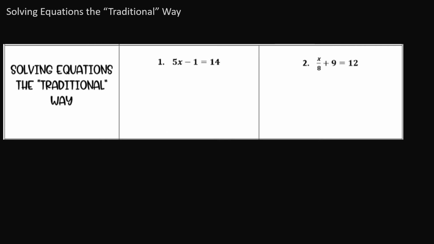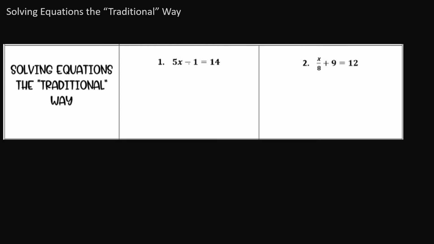So let's use those properties of equality to solve equations the way that we were taught before. So in problem number 1, we see the equation 5 times x minus 1 is equal to 14. 5x again just means 5 times x. The goal is to get x by itself on one side of the equal sign.